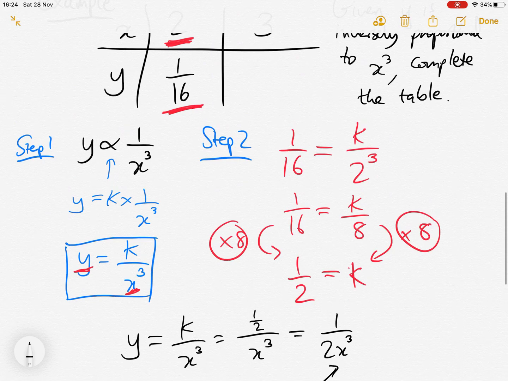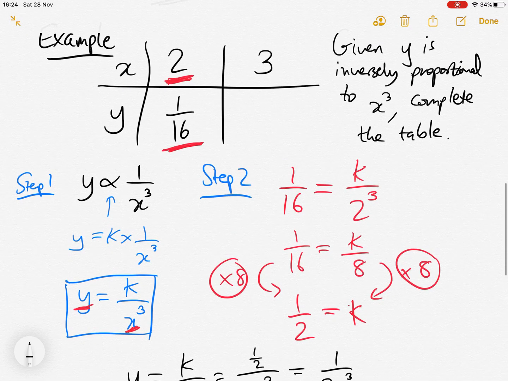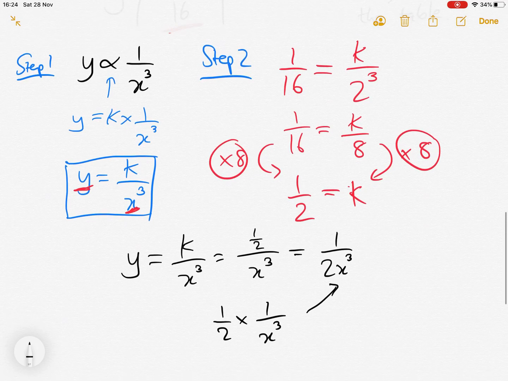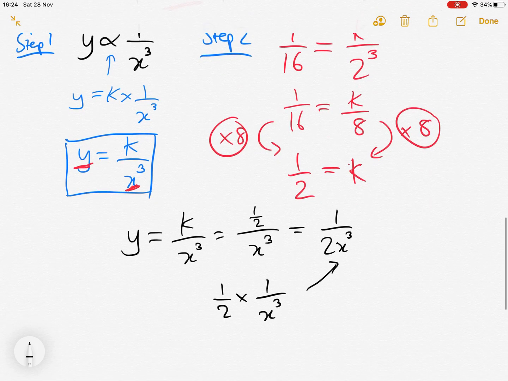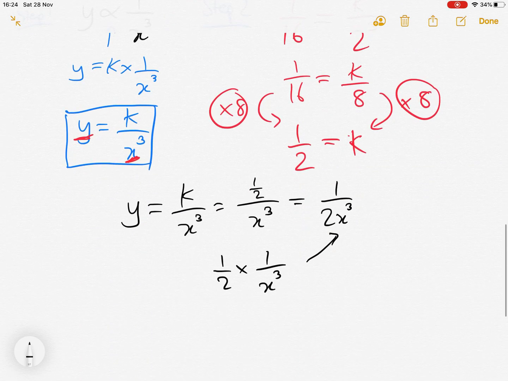We're not quite done, so we found y in terms of x, but the question was to complete the table. So we need to work out what goes here in the missing gap. So when x is 3, what is the value of y? So all we need to do is replace the x with 3, because we know x is equal to 3.